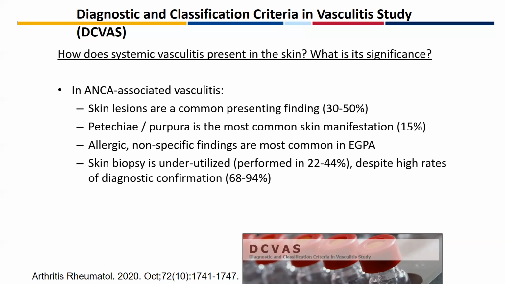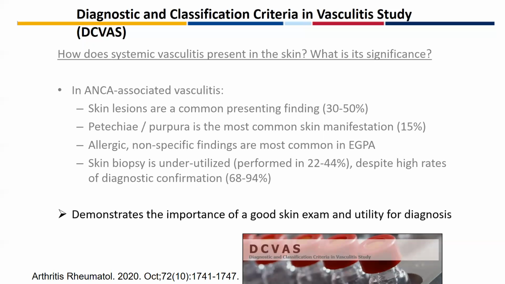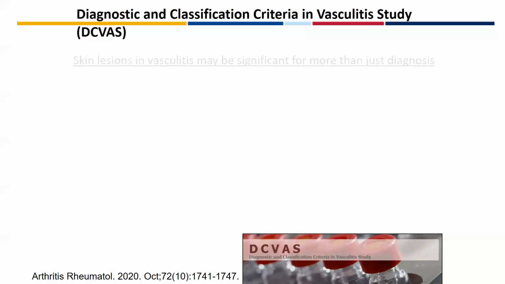And finally, we found that skin biopsy is underutilized, performed in a minority of cases, despite fairly high rates of diagnostic confirmation. And so what these merely descriptive data show us is that the skin is important. A good skin exam is important, and working together with dermatology colleagues is important for diagnosis of these patients.